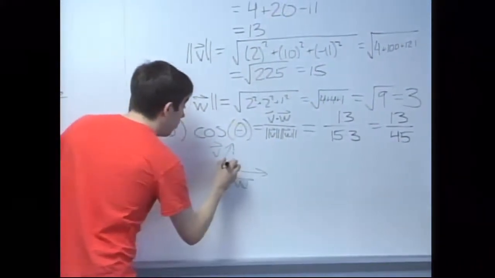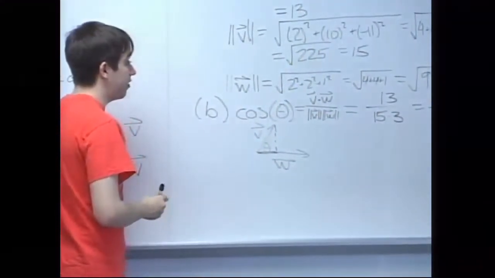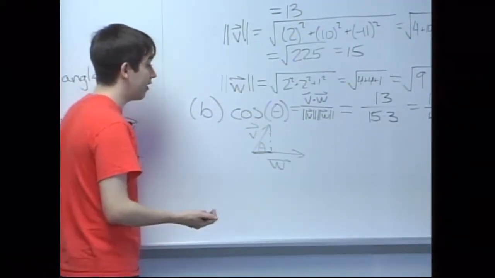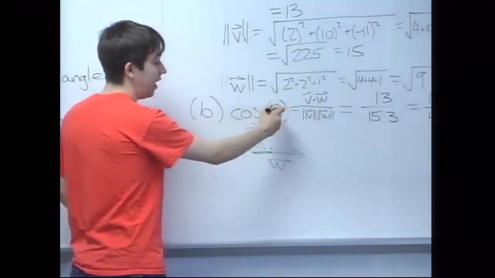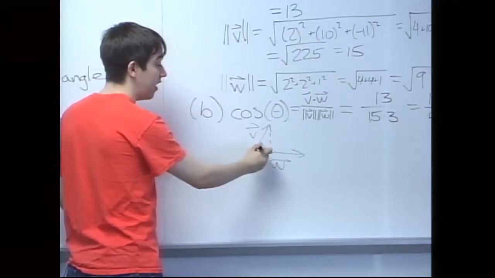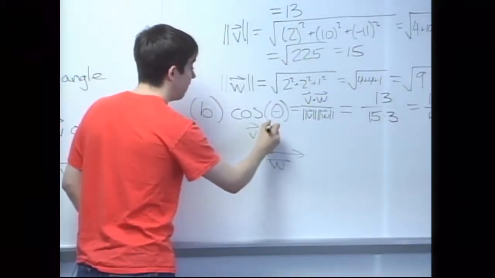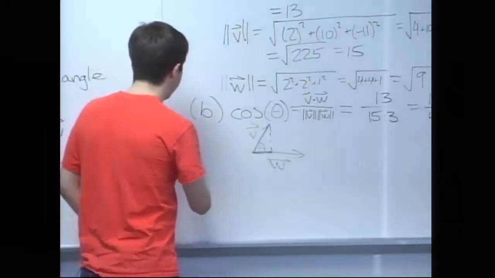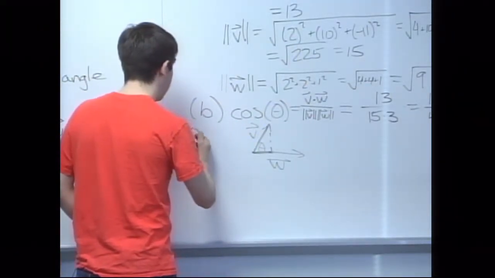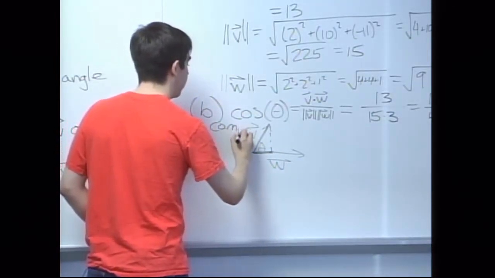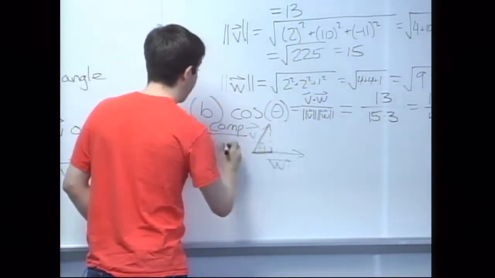This angle is equal to theta, and if you remember, cosine is equal to adjacent over hypotenuse. The cosine of this angle is equal to this length divided by this length. So cosine of the angle is equal to this length, which is what we want, the component, divided by magnitude v.